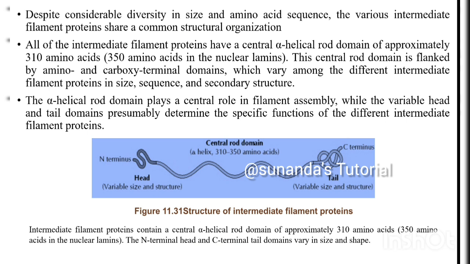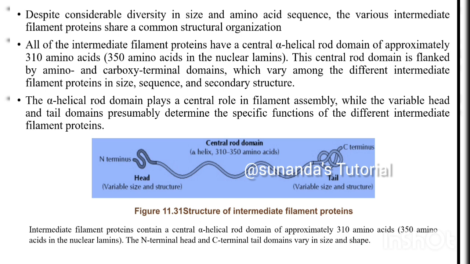Next, despite considerable diversity in size and amino acid sequences, various intermediate filament proteins share a common structural organization. All of the intermediate filament proteins have a central alpha helical rod domain of approximately 310 amino acids.